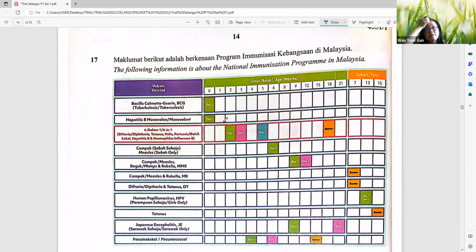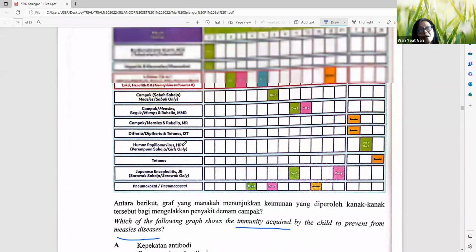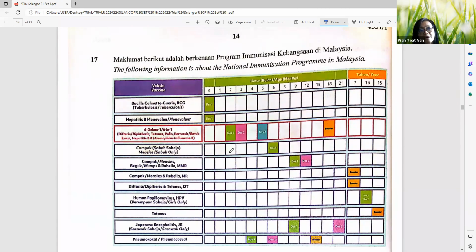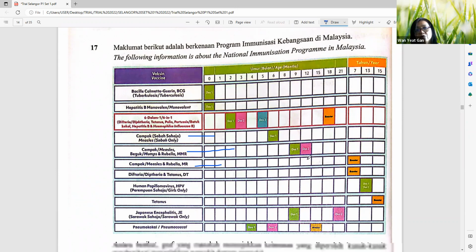Question 17 shows the national immunization program in Malaysia. Which of the following graphs shows the immunity acquired by the child to prevent measles? Okay, you have measles here, here, and here. You can see that measles requires more than one dose, 2 doses.